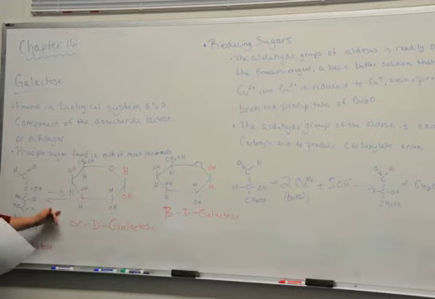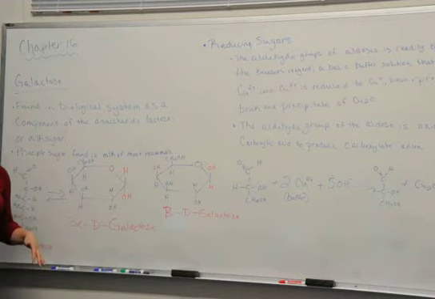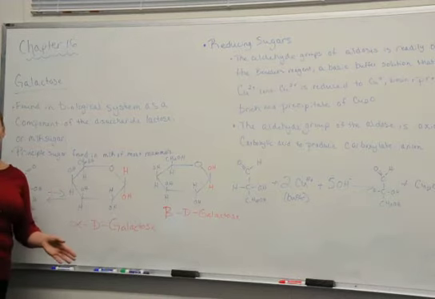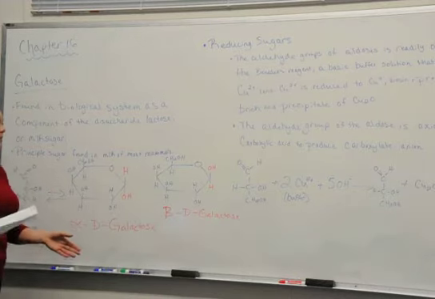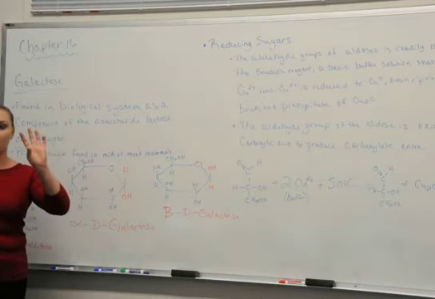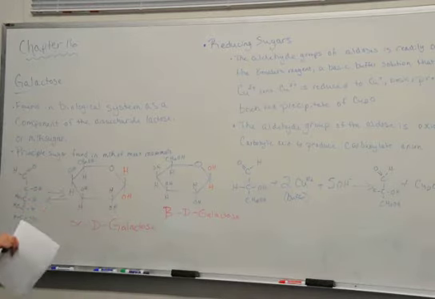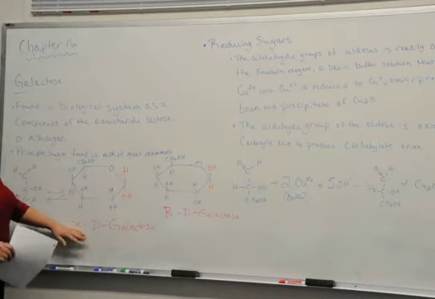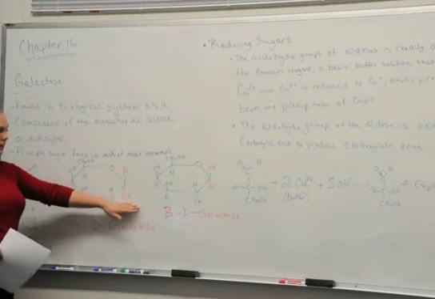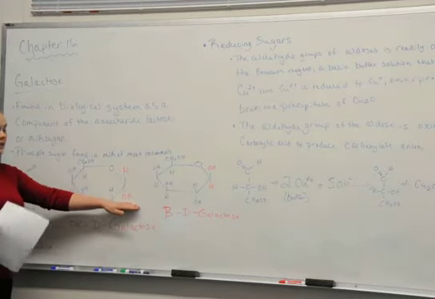Now, if we wanted to look at the Haworth projections of these, which just means we're determining the alpha and the beta, which indicates where our hydroxyl and our hydrogen group are going to be on that first carbon. If it's alpha, the hydrogen's on top and the hydroxyl group's on the bottom.